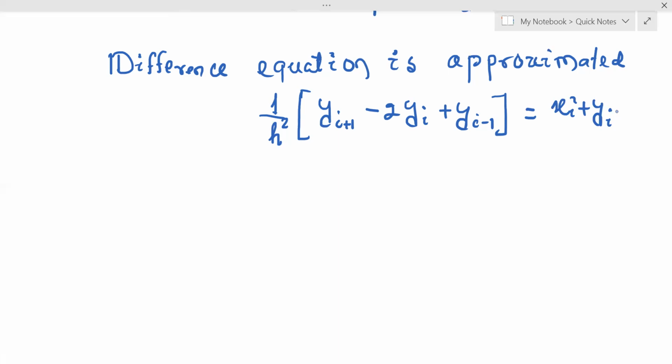Everyone see this? If you have any doubt from your side, then you can reply to me. Then yi is also there inside.